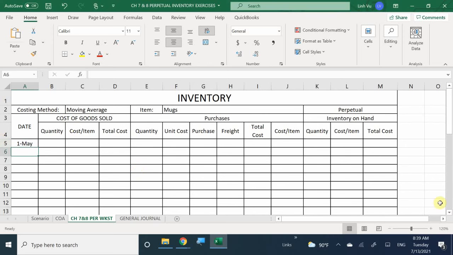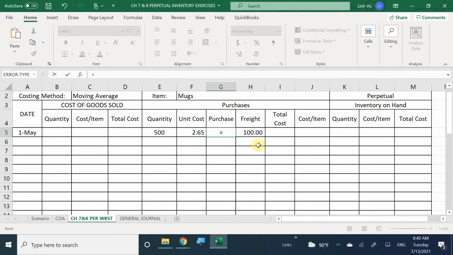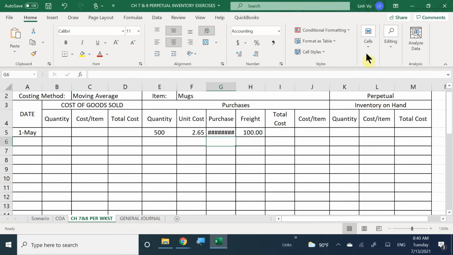In this scenario, I'm going to skip this part because we didn't sell anything, but I purchased 500 items at $2.65 each, and freight cost me $100. So in this case, what's my total purchase price here? $13.25.